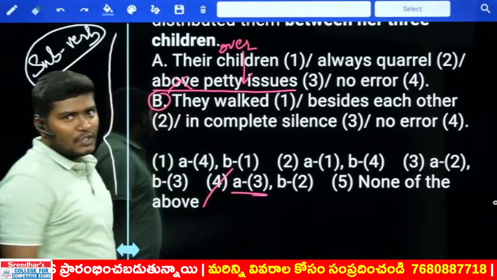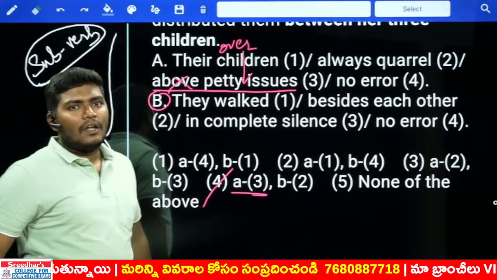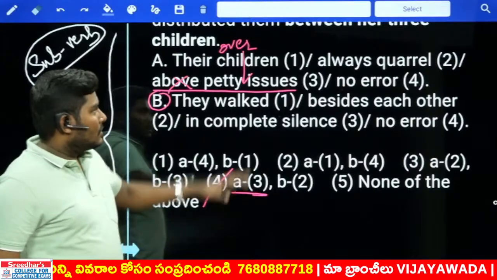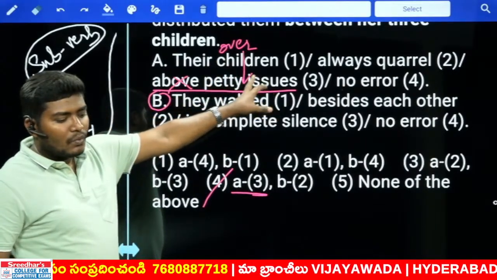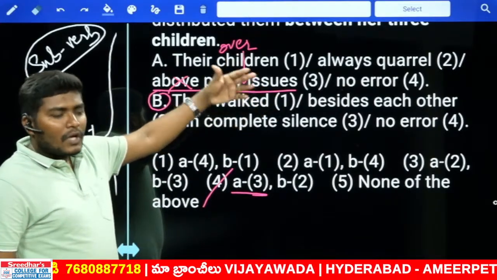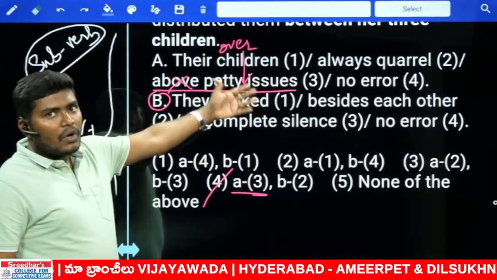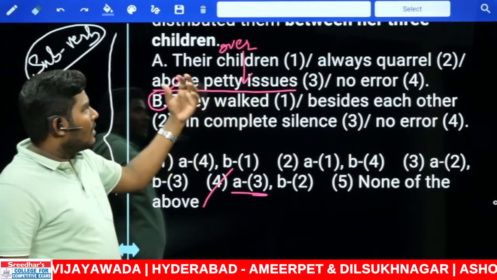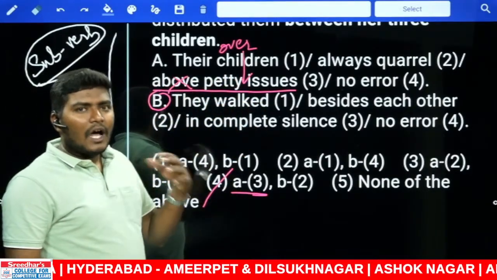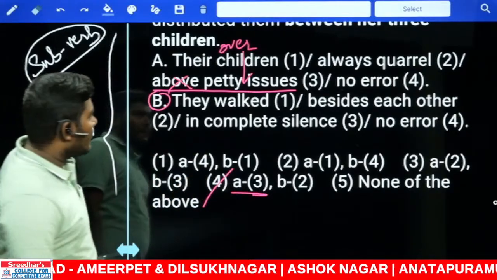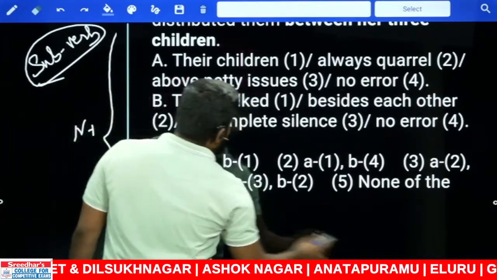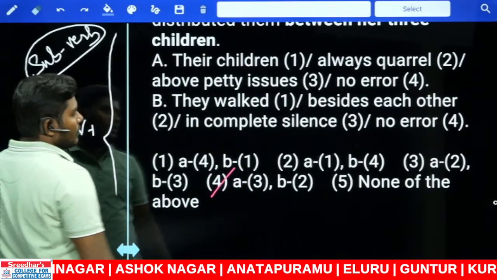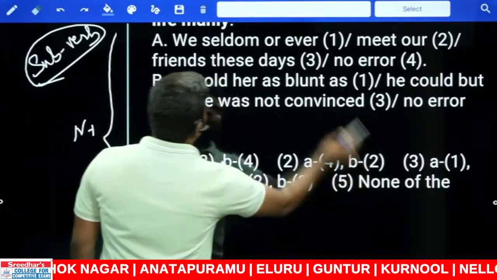Quarrel over some issue, quarrel over some discussion, quarrel over some points. So it's not the word "above," the word should be "over." Yes, Udbhav, "quarrel on petty issues" is also a sensible phrase, but it's not exactly the word "on." The answer should be "over" something. Okay, so there is an error already. We have got the answer. The answer should go for the fourth one. Next, 154.